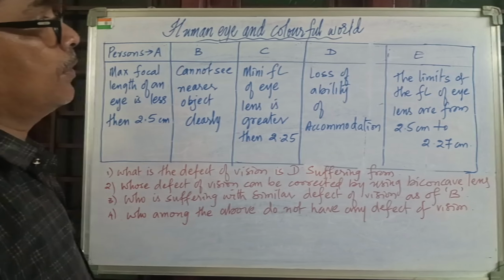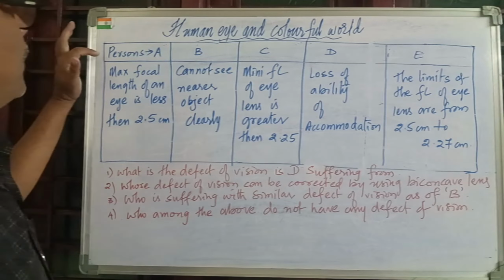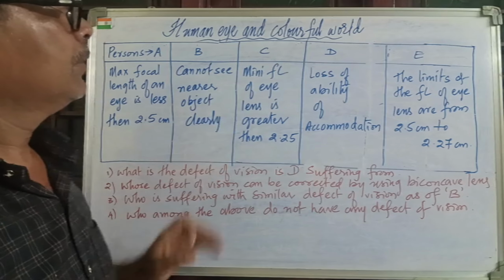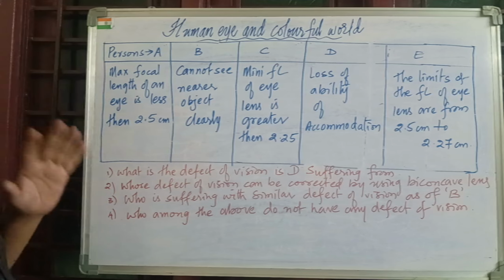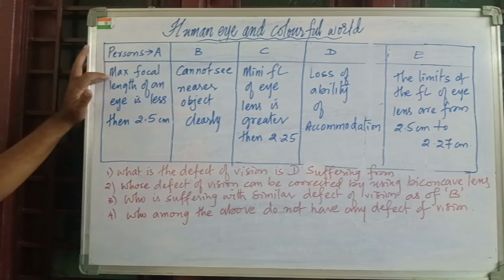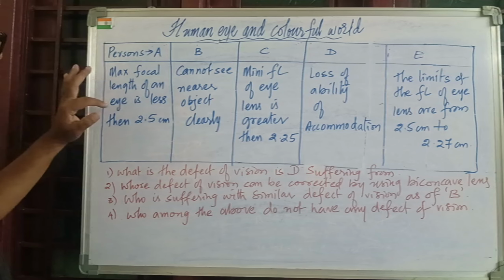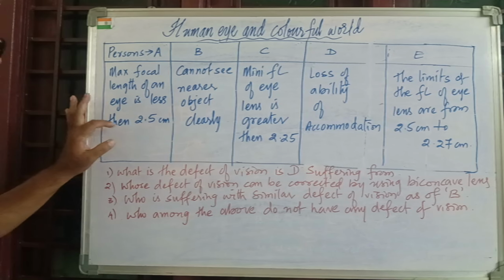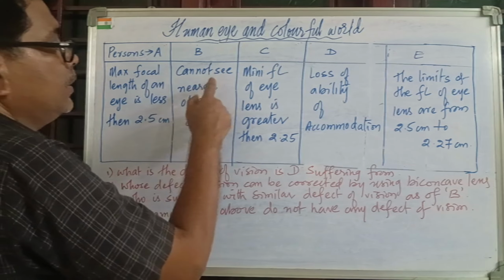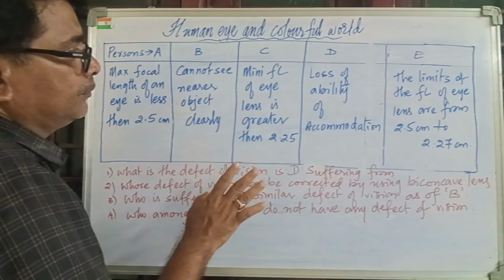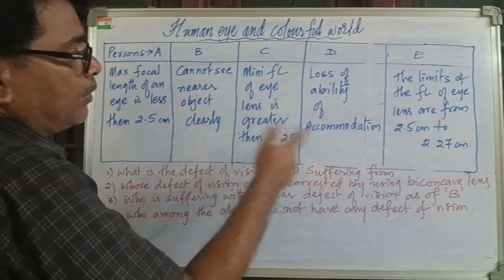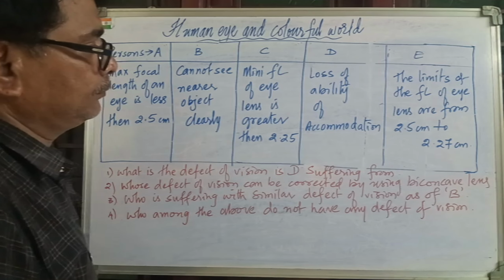The information skill question in this lesson is about persons A, B, C, D, E. Five persons are given. What is the problem with the first person? Maximum focal length of the eye is less than 2.5 centimeter. B cannot see near objects clearly. C, minimum focal length of the eye lens is greater than 2.25.